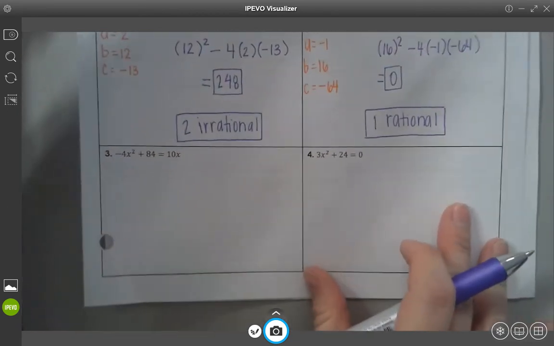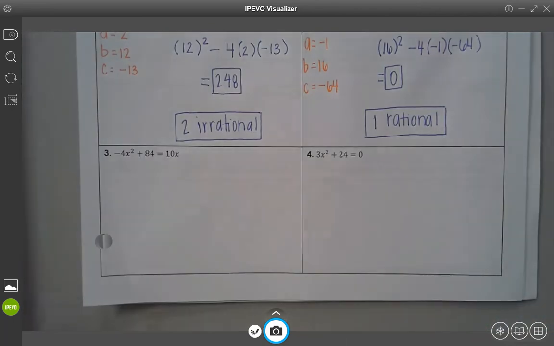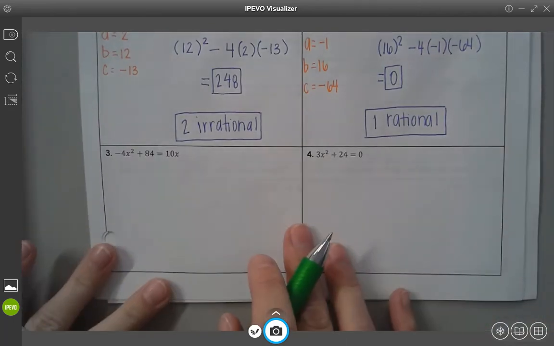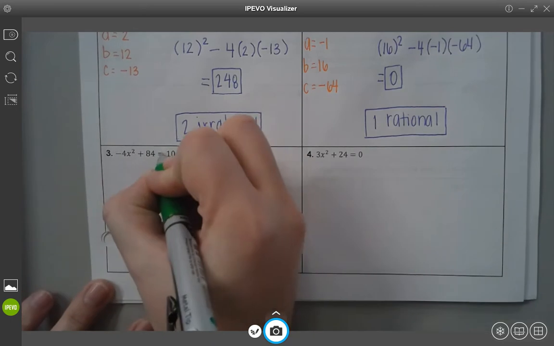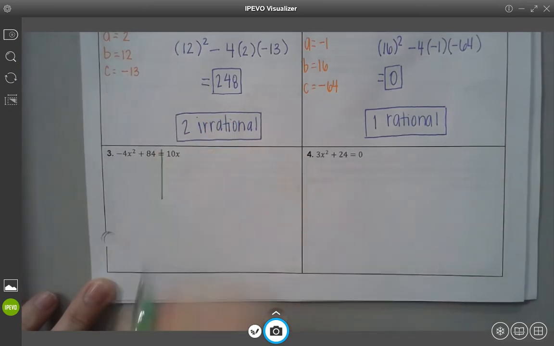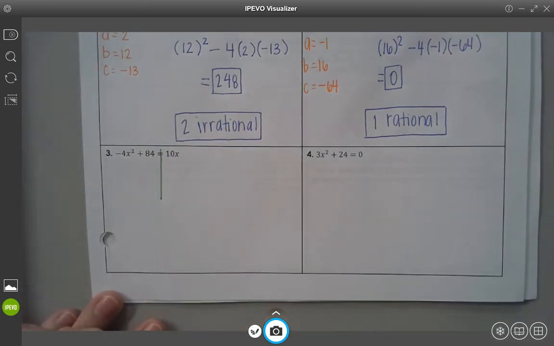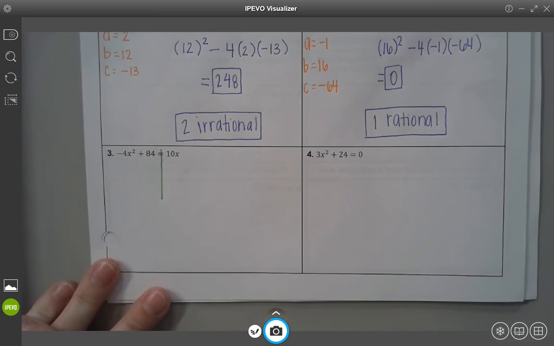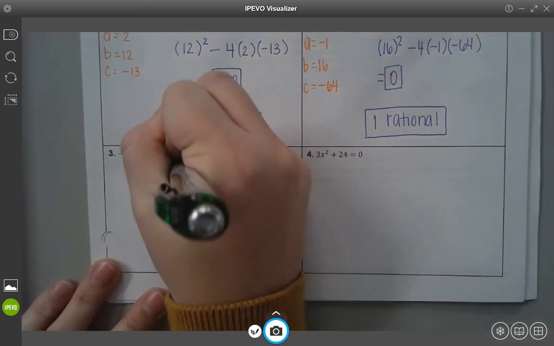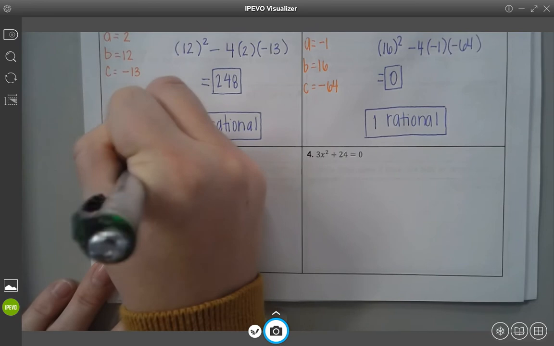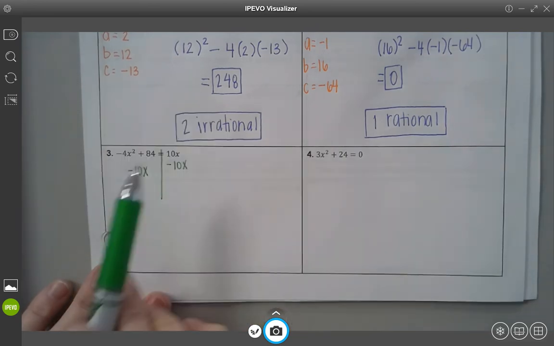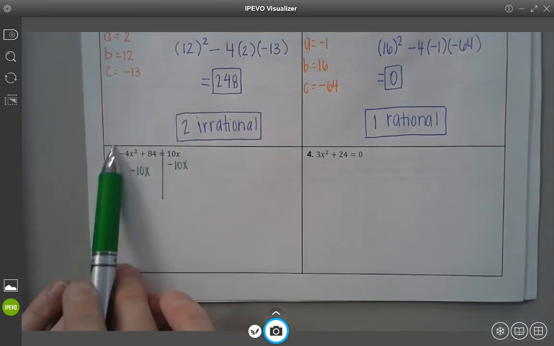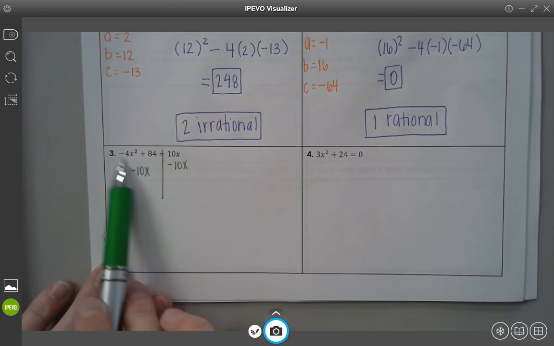What do you notice about number 3? It's not set equal to 0. I've got to get this 10x on the other side. So how do I move that entire 10x? You subtract the whole 10x. Do I have, on the left side, any plain x's?